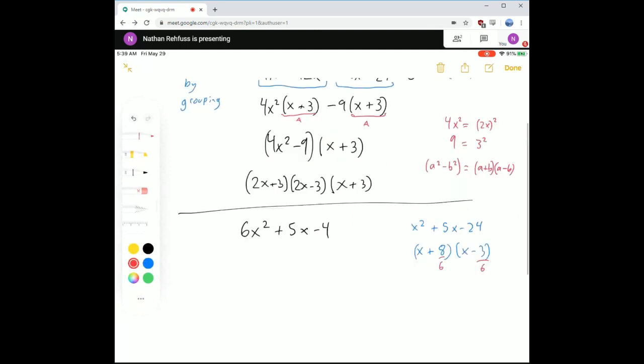And that makes x plus 4/3, x minus 1/2. And to make these the factors of the original, we slide those denominators back up and make 3x plus 4 times 2x minus 1.